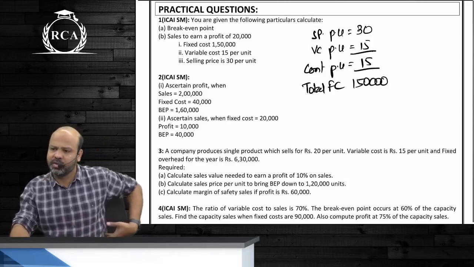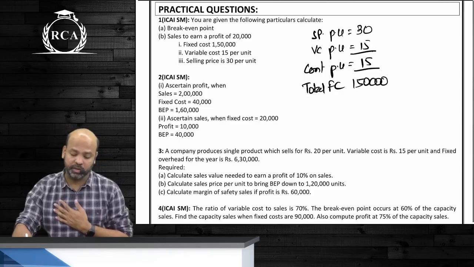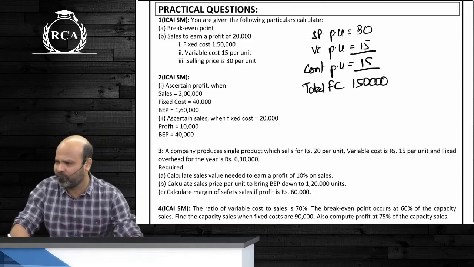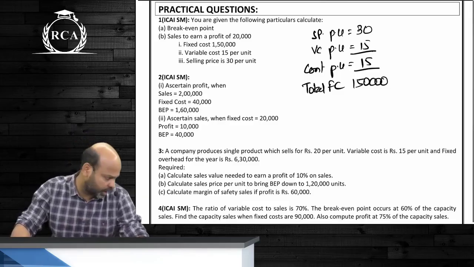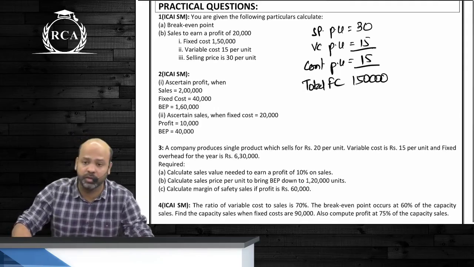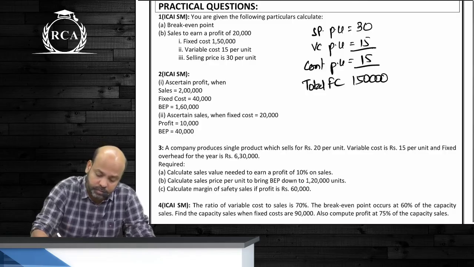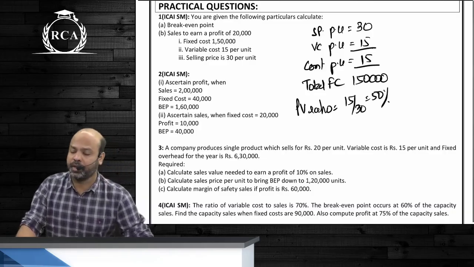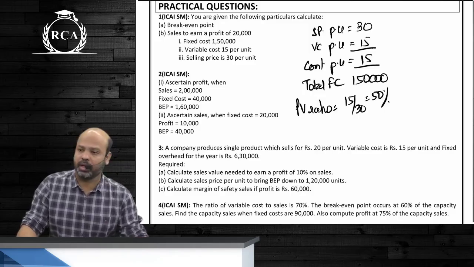Also write the answer in rupees. 10,000 units into 30 कर सकते हो. You either write break even point in units multiplied by selling price per unit guys, or you write fixed cost divided by PV ratio.